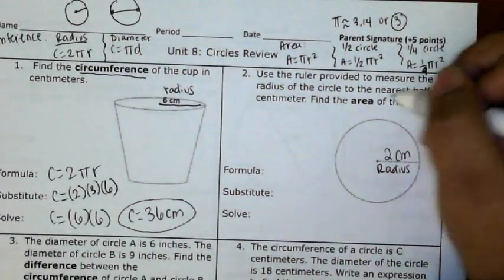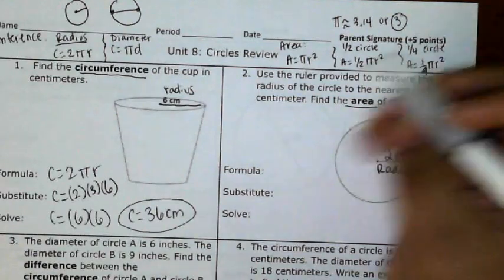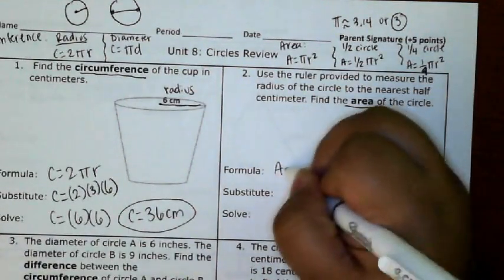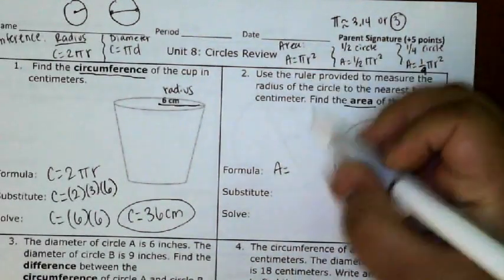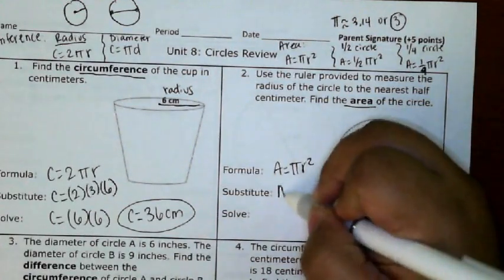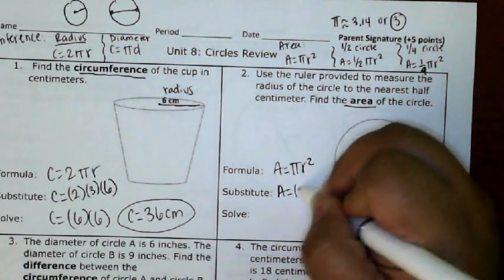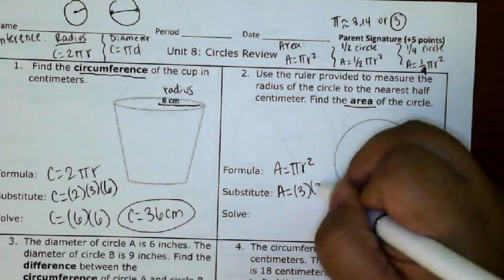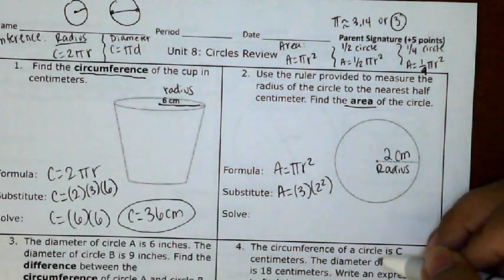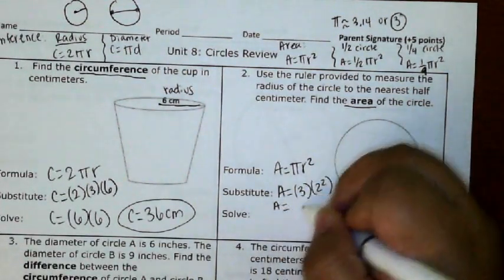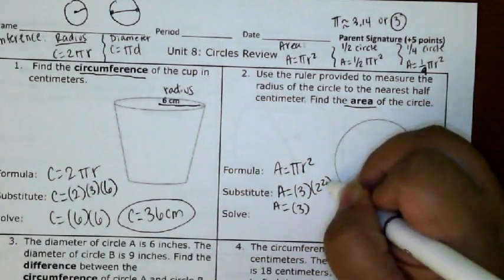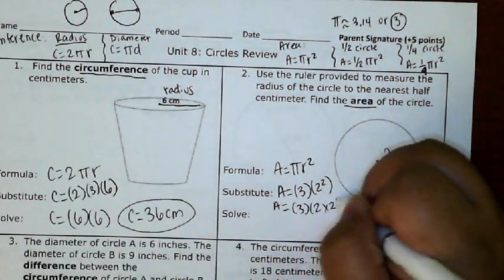Here, it's asking for area. Our formula for a full circle is going to be pi r squared. Pi is going to be 3, radius is 2, and that would be 2 squared. Remember that we have to expand 2 squared, which is going to be 2 times 2.